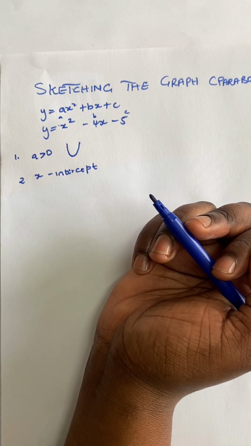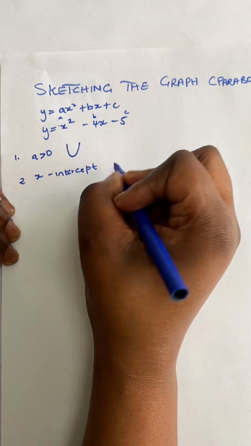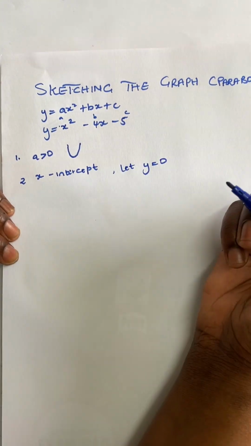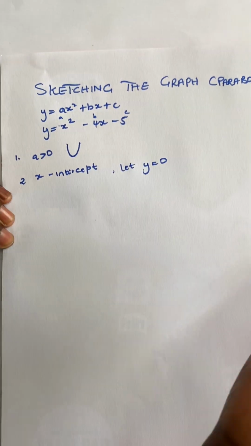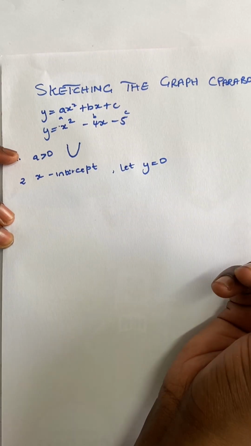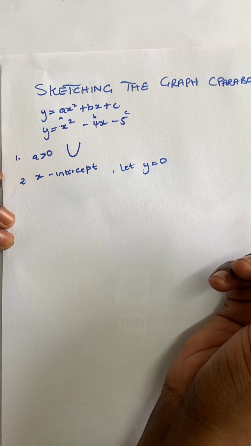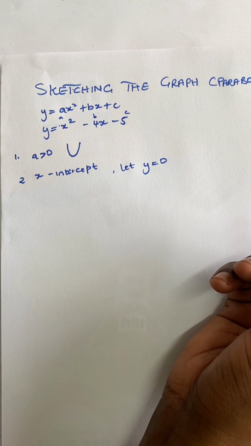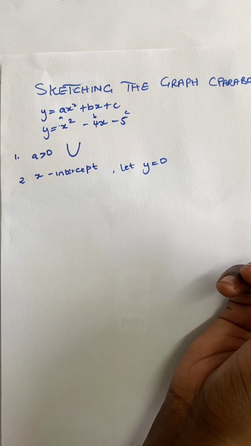So for the x-intercept, you let y equal to 0. Here is how you find your x-intercept, and you should expect two x-intercepts. Remember I said at the beginning of the video that in a quadratic function you have 2 x-intercepts.